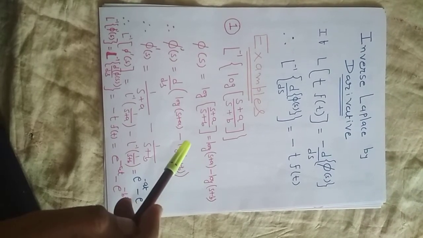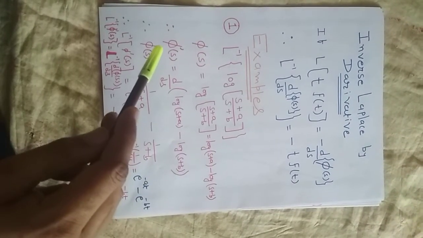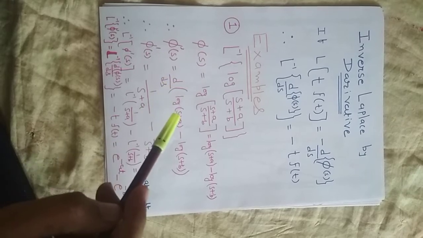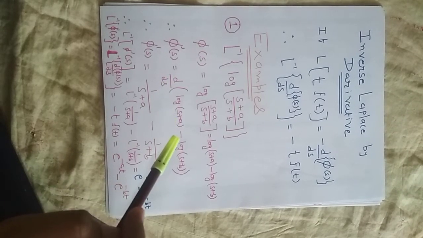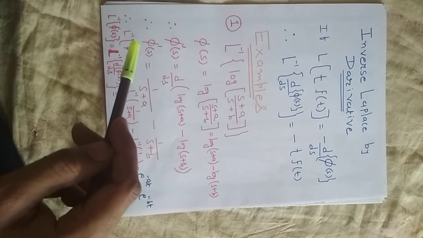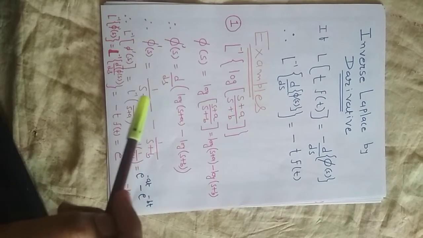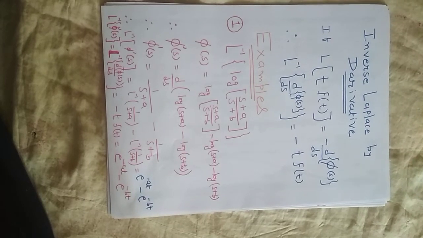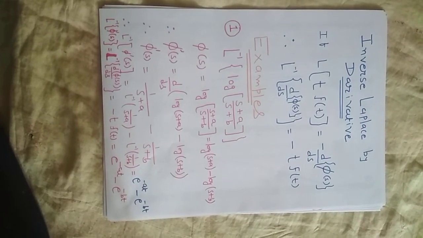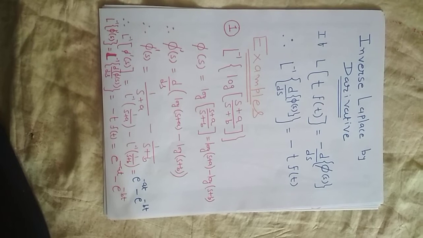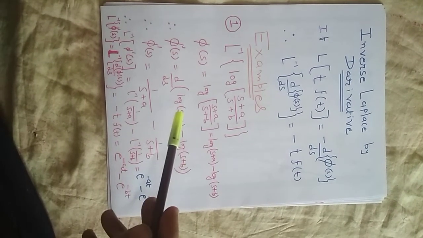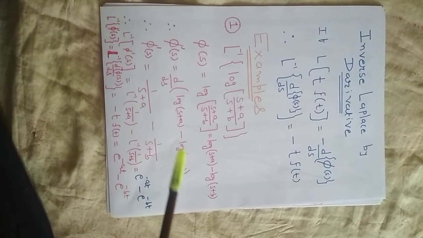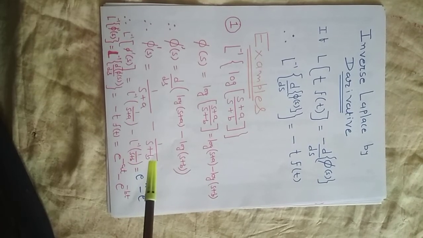Phi dash s equals derivative of log of (s plus a) minus log of (s plus b). That means the derivative of this part is 1 upon (s plus a), and the derivative of this part is 1 upon (s plus b).